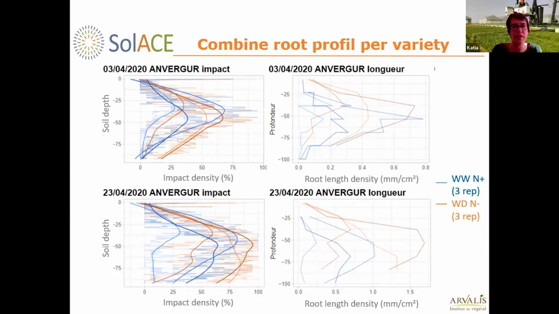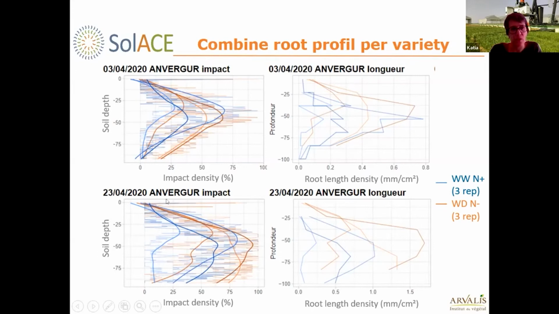In blue, you have the well-watered condition, and in orange-red, the water deficit condition. And for each of the 3 replicates, each replicate being a different plot in the field, you can see some variation in this kind of measure.